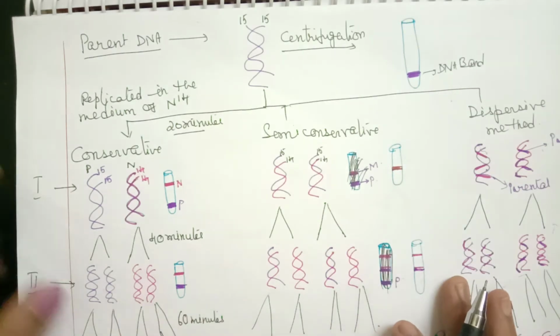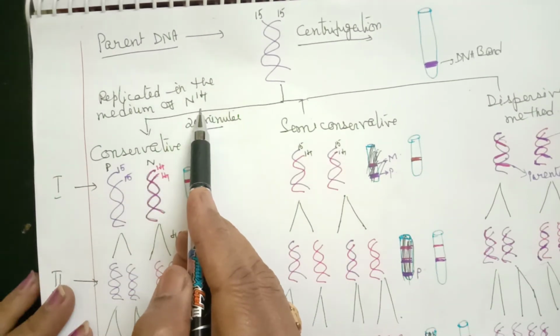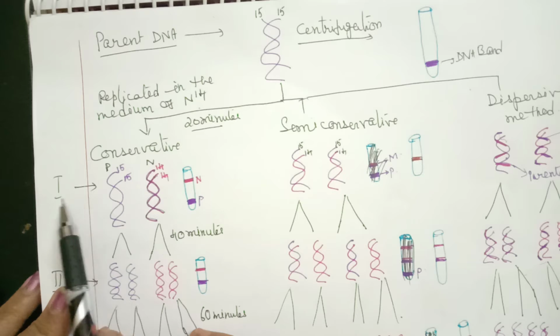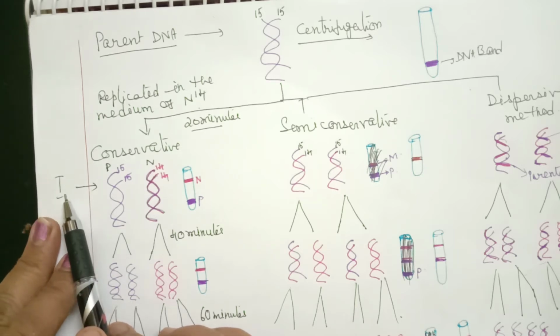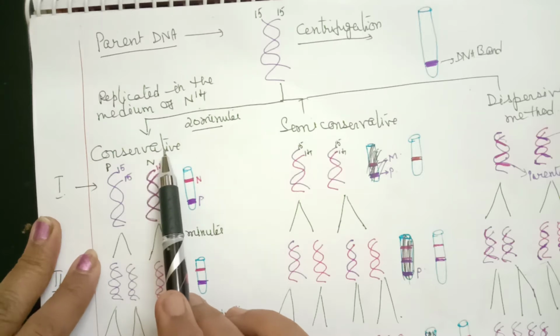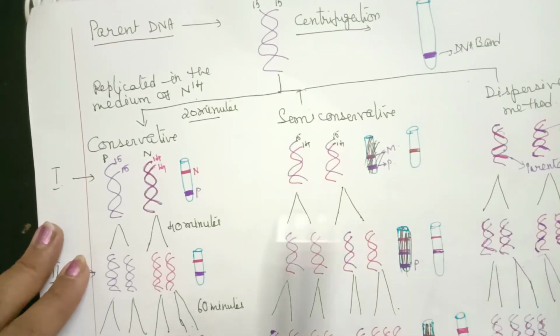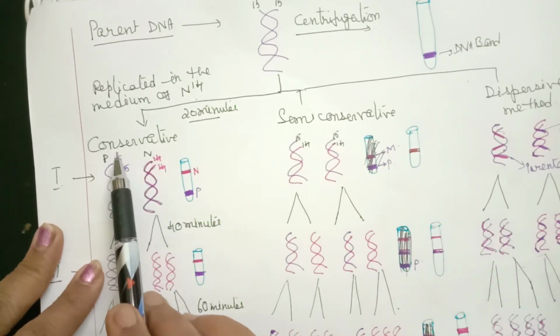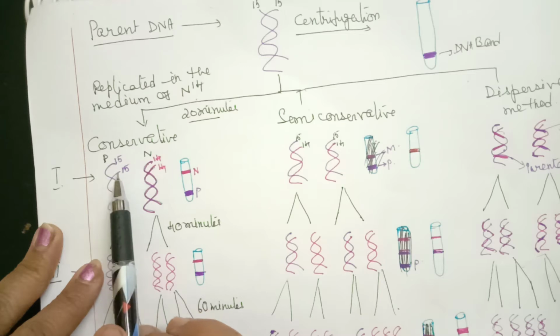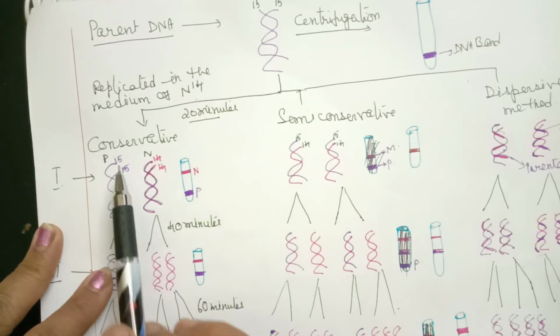Now this is replicated in the medium of N14. Now let us see the first generation. If it is conservative type, as already described, the parent DNA is retained and a new DNA is synthesized. So this is the parent DNA, it is going to have N15 on both the strands.